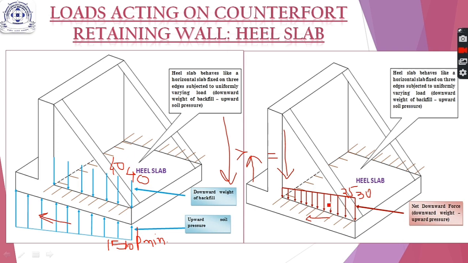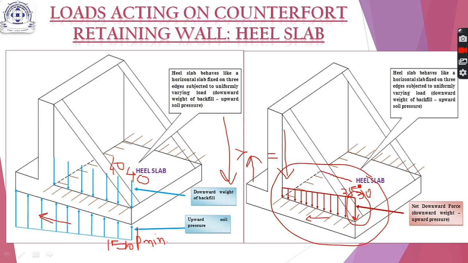Hence this trapezoidal load keeps on decreasing towards the stem, which is inverse to that of the soil pressure acting upwards. So the net force will be like this, but we will be more concerned with this maximum force, 30 or whichever value, acting on the edge of your heel slab.